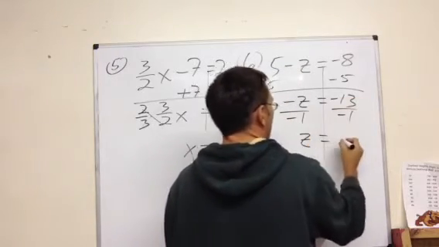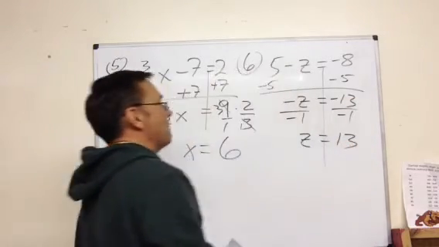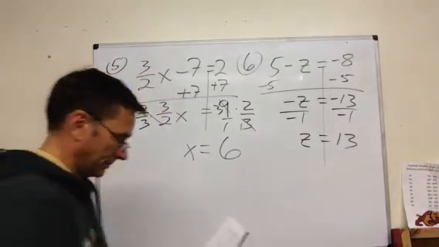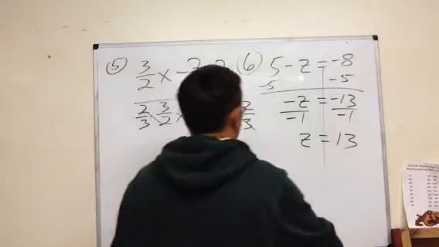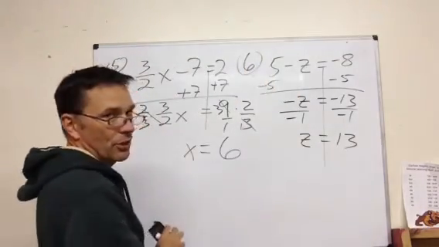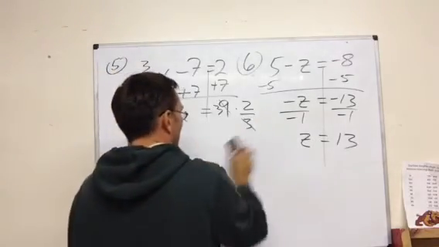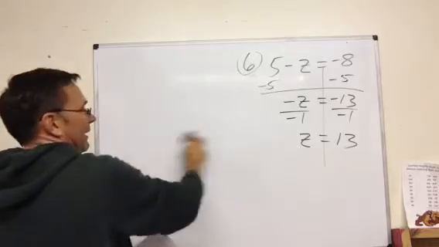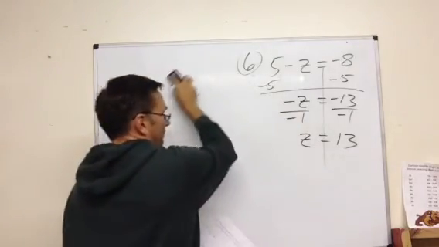Now, negative divided by negative turns out to be a positive 13. Okay. So make sure you keep note of this. Highlight this one. Put an asterisk by it. That's one to keep in mind and understand why we need to do that, especially that last step.